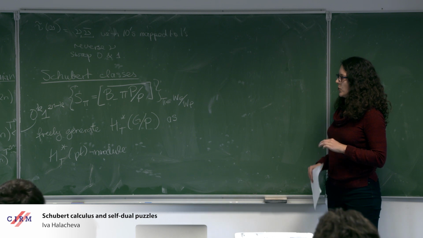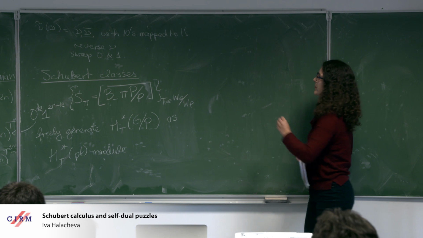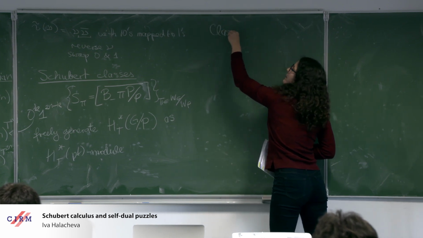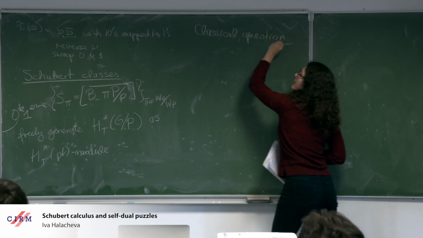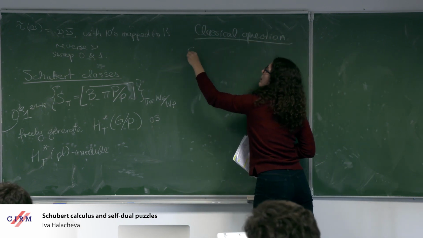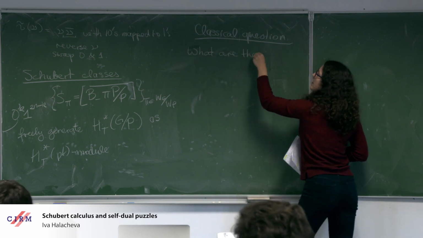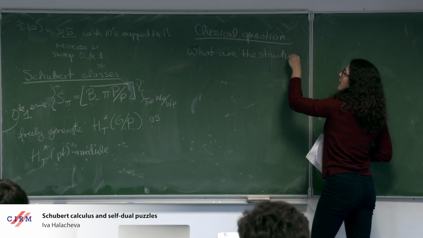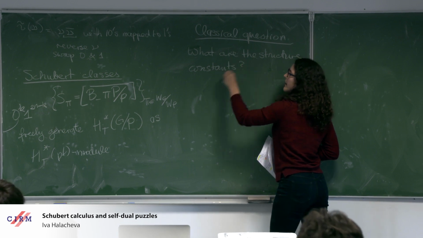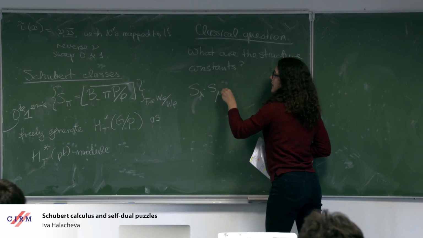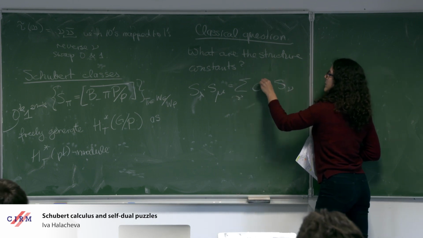Okay. So then the classical question relating to Schubert classes is, what are their structure constants? Namely, if you take S lambda times S mu, and you want to expand it in S nu, what are these C nu lambda mu's?